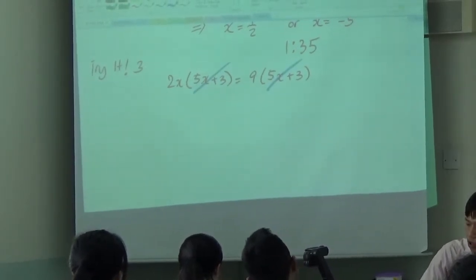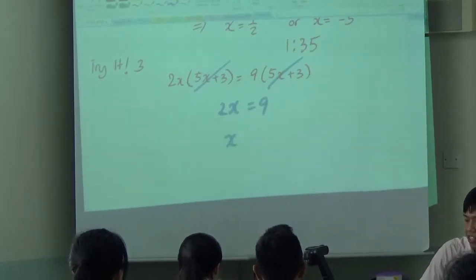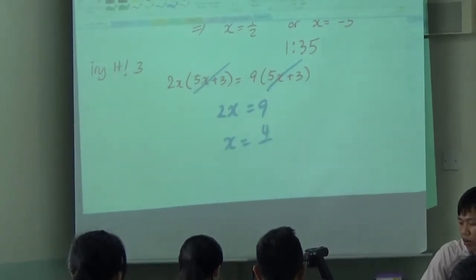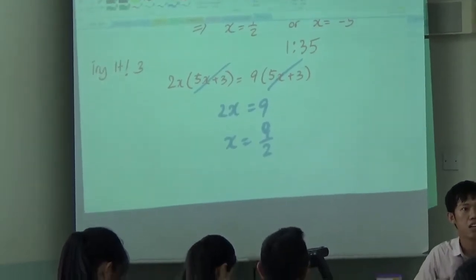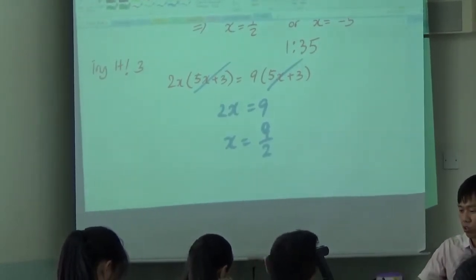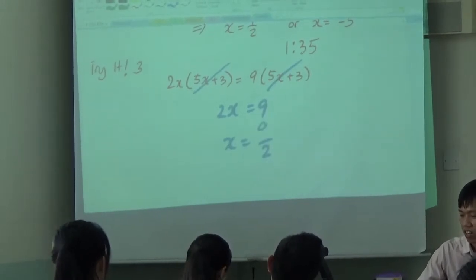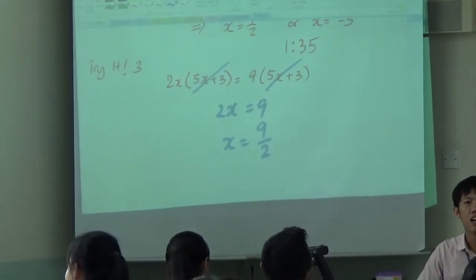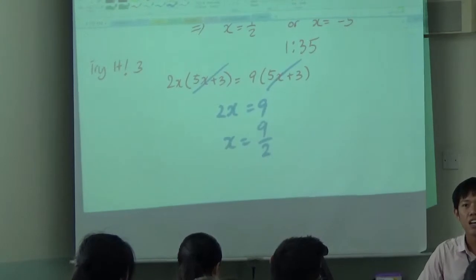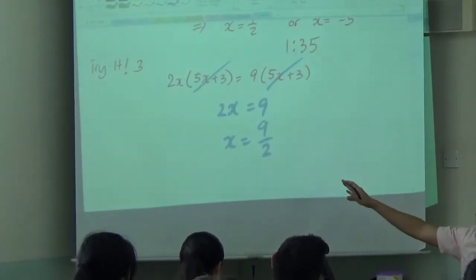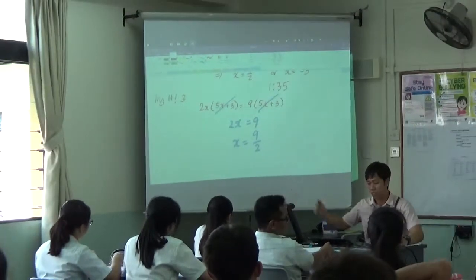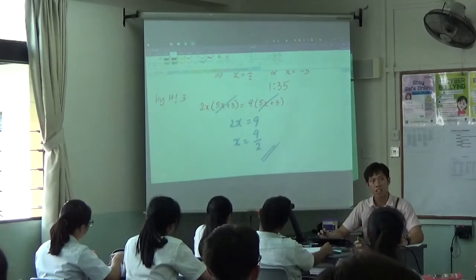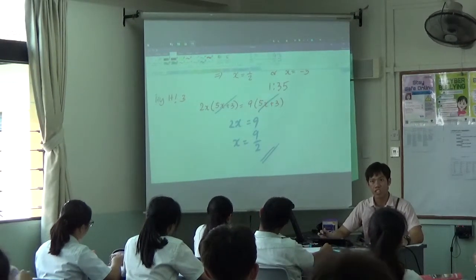Then I have 2x equals 9 and x equals 9 over 2. How about this? You look amazed. So is this correct or wrong? What's wrong with this? Nothing is wrong. Nothing is wrong. You're happy with this?